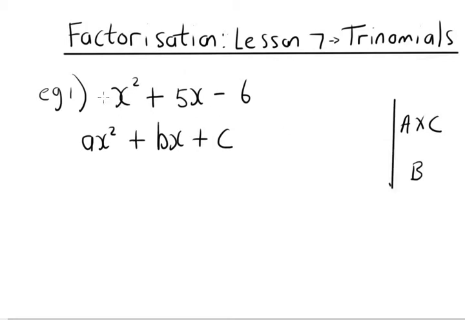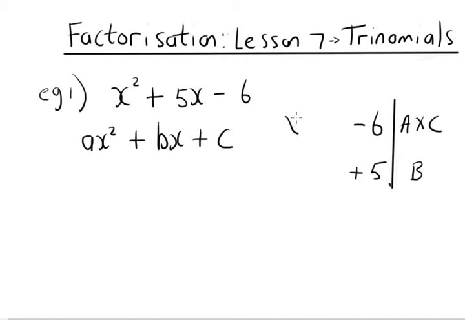In this case, a is always 1 times c, so your answer is always going to be c. The reason I like this method is that once you get to grade 10 and beyond, it is very useful. So you've got a negative 6 over there, and b in this case is positive 5. So it's 1 times negative 6 is negative 6, and then you've got a positive 5 there.